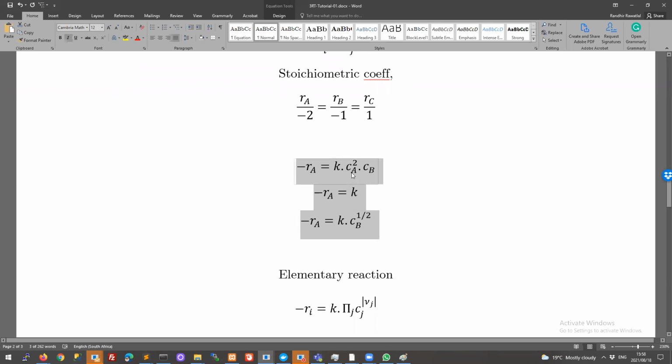So we count this as a third order reaction, 2 from A and 1 from B, or it's better to say it's second order with respect to A and first order with respect to B, but in effect, it's third order. And so you've got concentration cubed here. And now you want moles per second per cubic meter here, and you've got concentration cubed. So the units of this K are going to be moles per second per cubic meter divided by concentration cubed units.